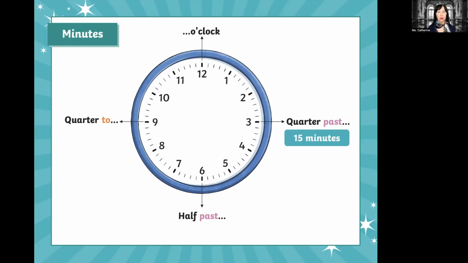Okay, so quarter past is 15 minutes past the hour. Half past would be 30 minutes past the hour. Quarter to would be 45 minutes past the hour. I know it's a little tricky. Okay, so quarter to could be 15 minutes to the hour, but we would say quarter to, okay?